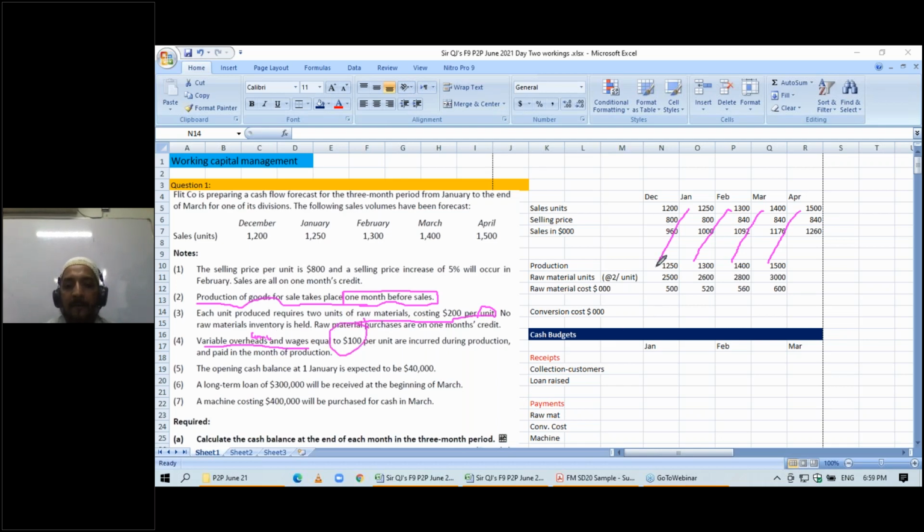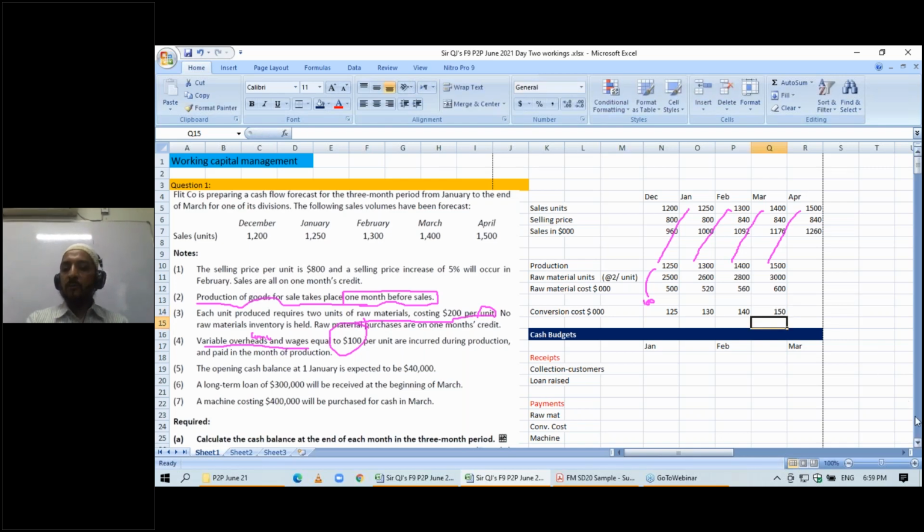So multiply 1250 into 100 to arrive at the conversion cost. So this gives you 125,000, then 130,000, then 140,000, and then 150,000. Okay.